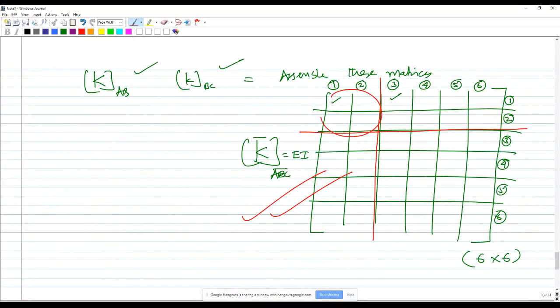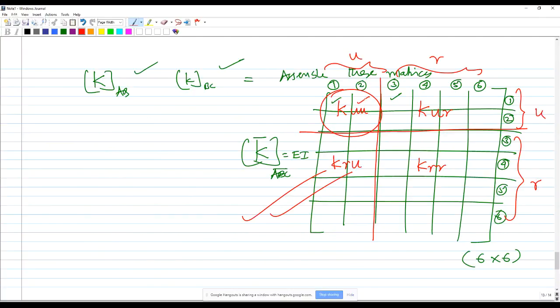So this becomes my KUU. This becomes my KUR. This becomes my KRU. And this becomes my KRR. How do I get this? This is the unrestrained degree, this is the restrained degree. If you want to read this, row first, column next.